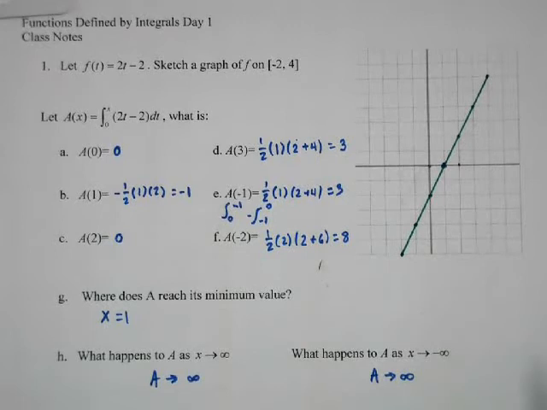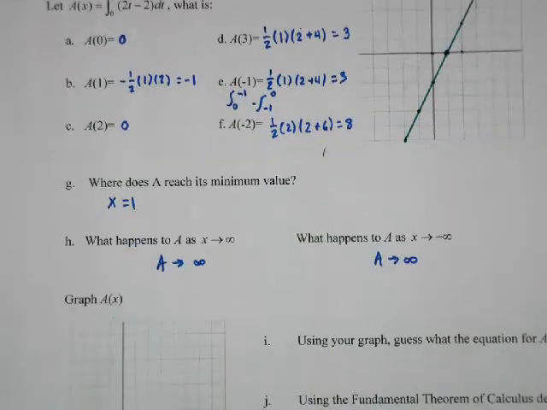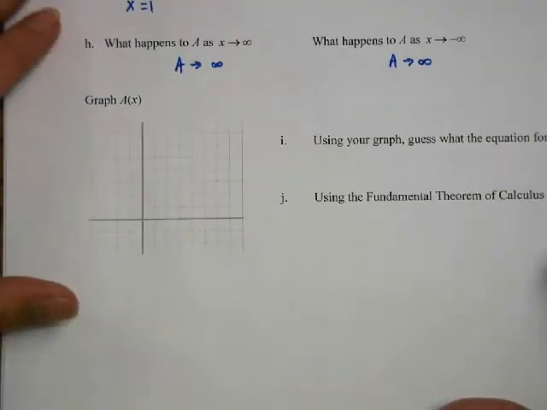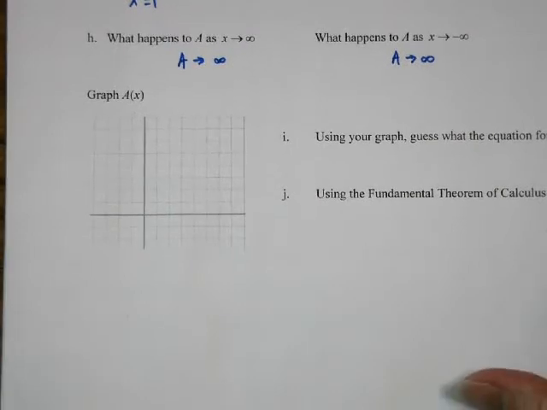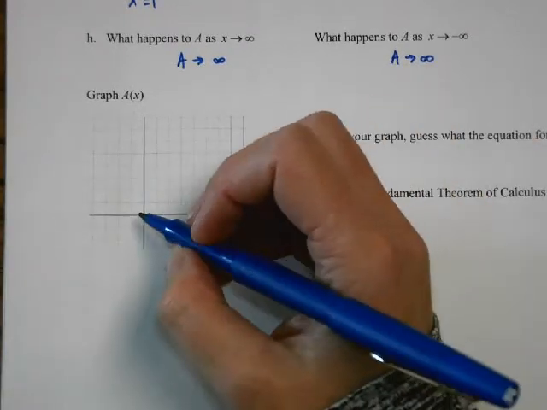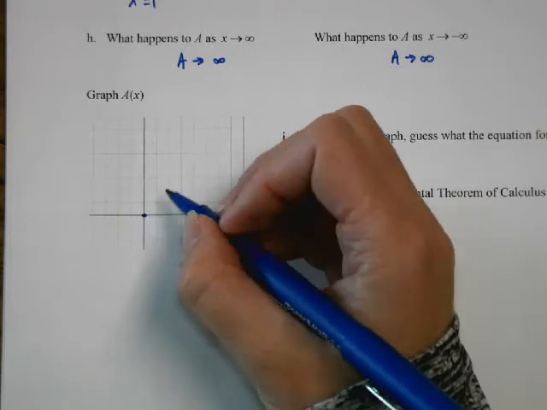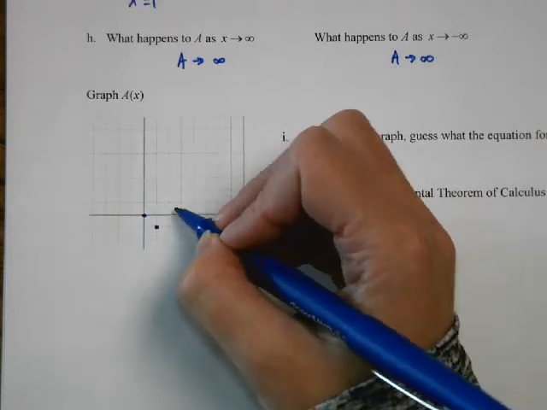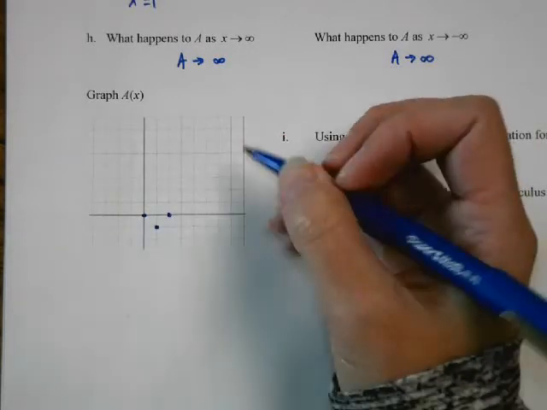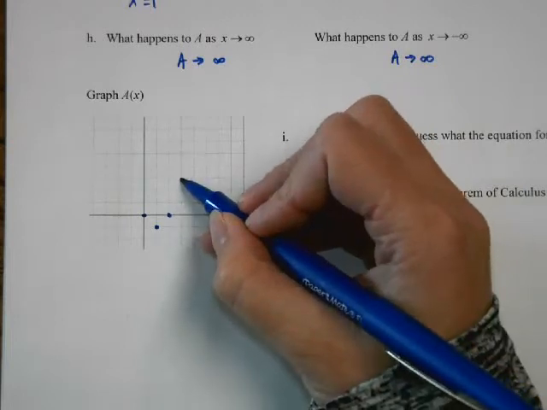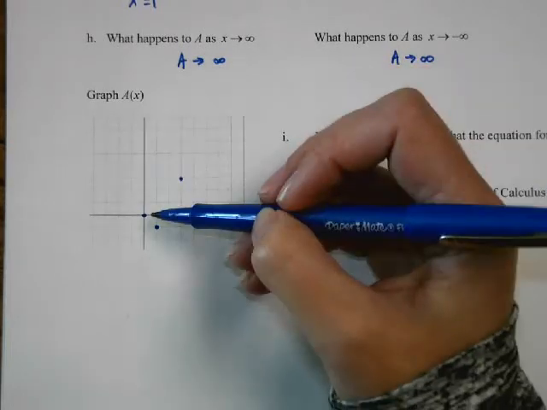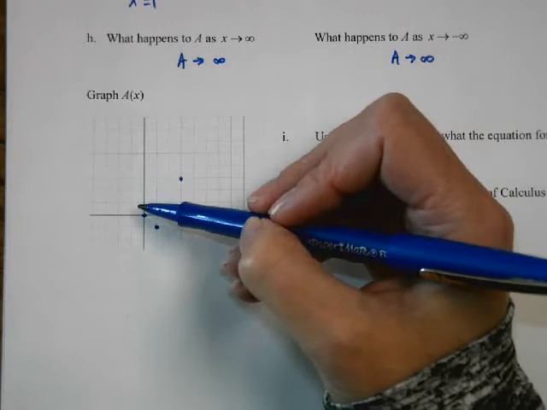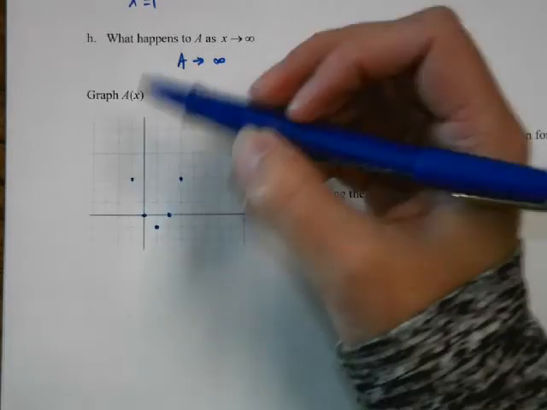Okay, so now we're asked to graph this. So I'm going to graph the points that were given. So 0 was at 0, 1 was at negative 1, 2 was at 0, 3 was at 3, then negative 1 was also at 3, and then we were at 8.